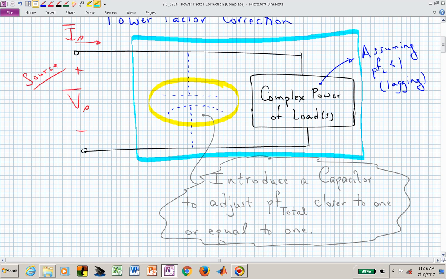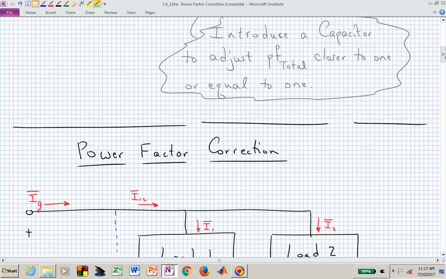In this example, we will go ahead and find a capacitor value that will set the power factor of the combination of those loads and the capacitor equal to 1, but you may want to adjust that to something that's not quite equal to 1, so that you understand how this process works or how to go about doing this.